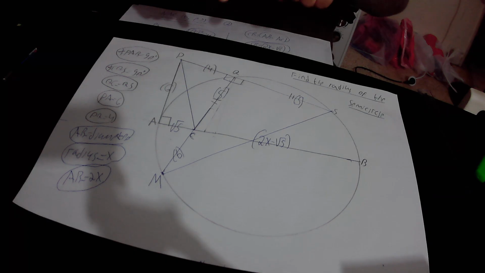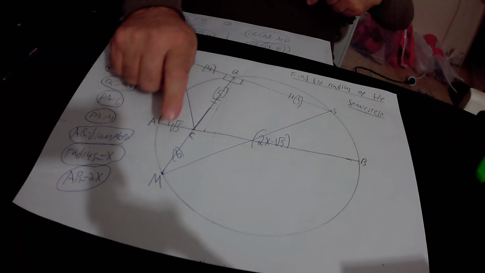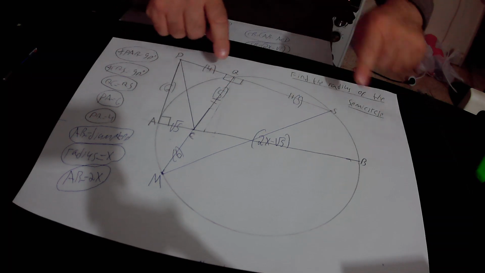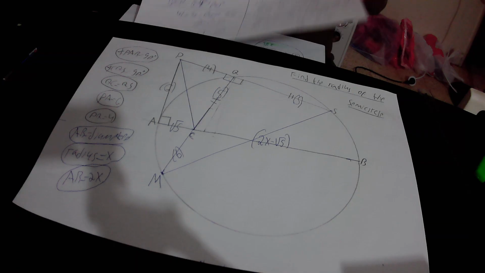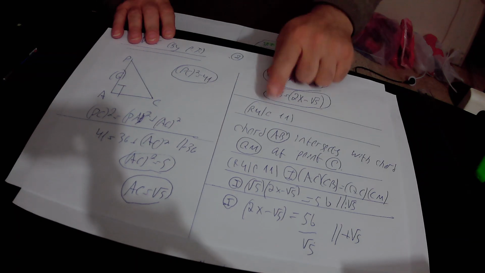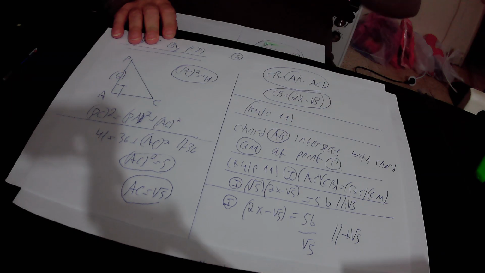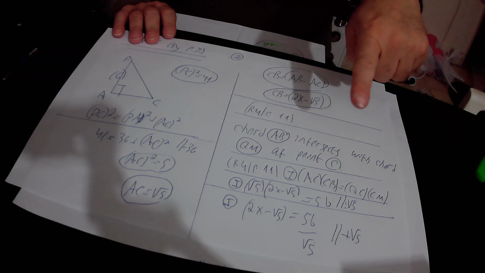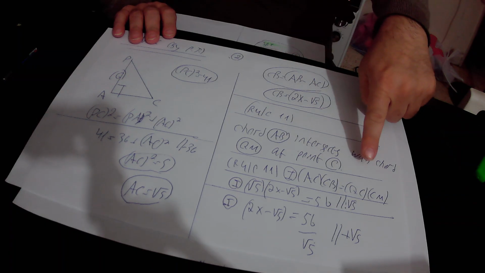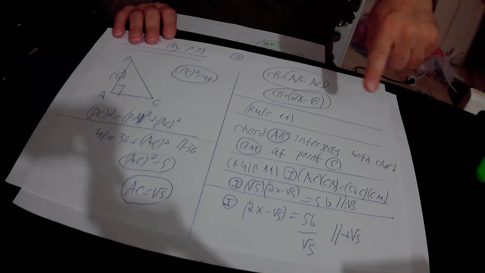According to rule number 11, AC times CB equals QC times CM.